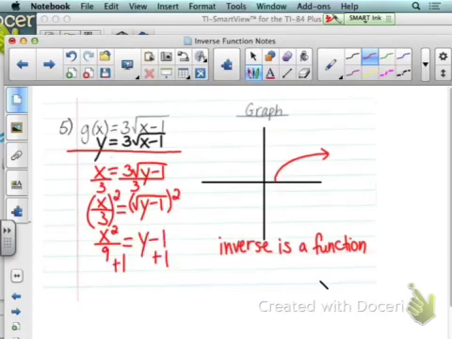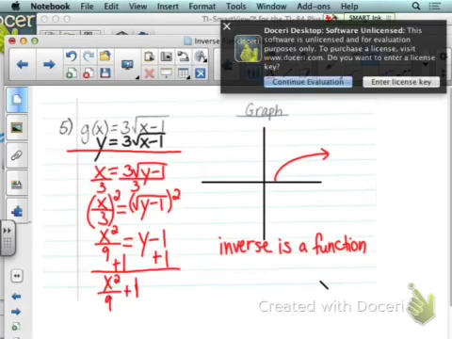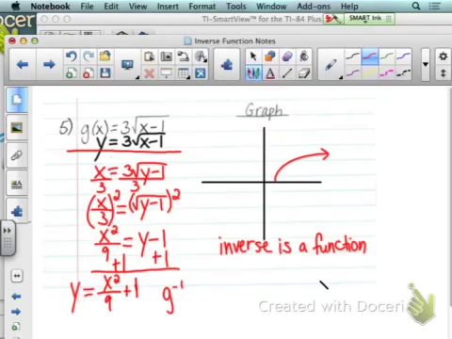Now technically the inverse is only going to be the positive of this graph. Something we're going to focus on in other units when we do inverses is what that means in restricting our domain when we get into our graphing component. For now, we're going to just put g inverse of x is equal to x squared over 9 plus 1.